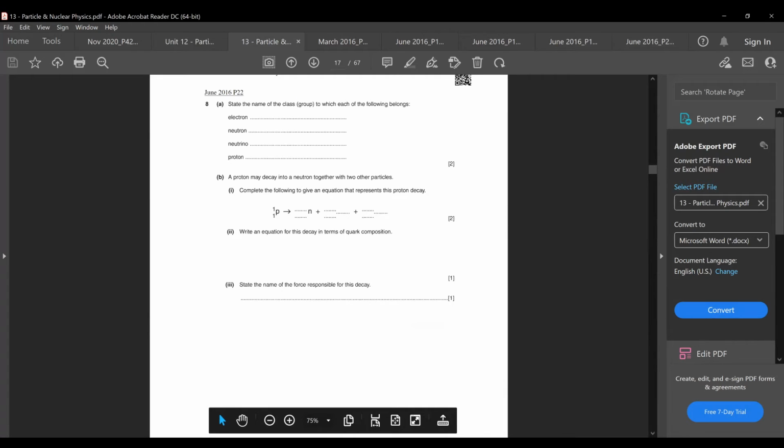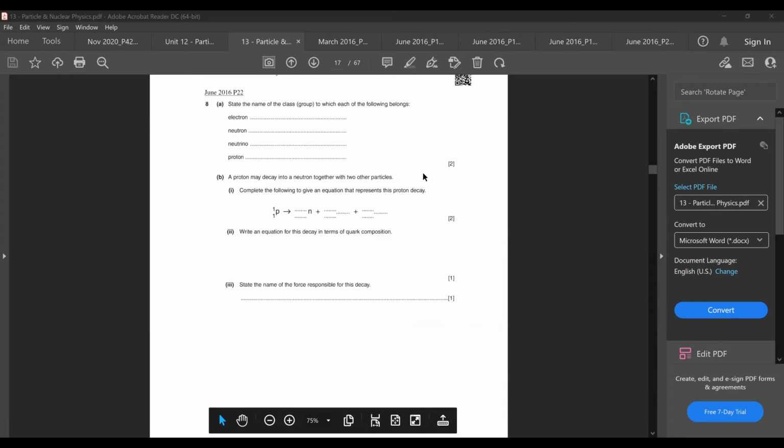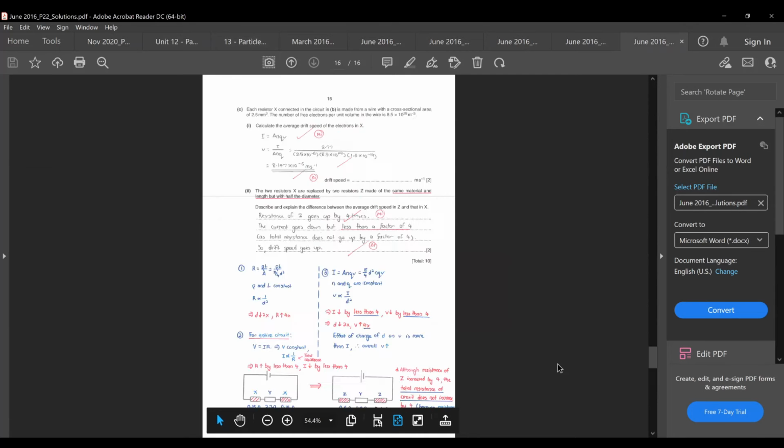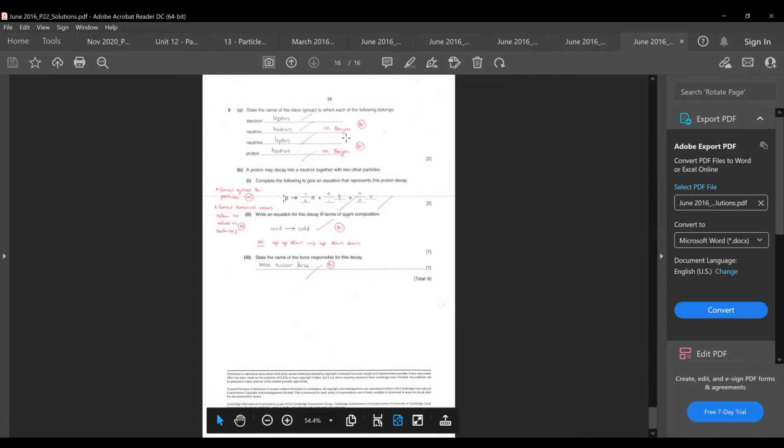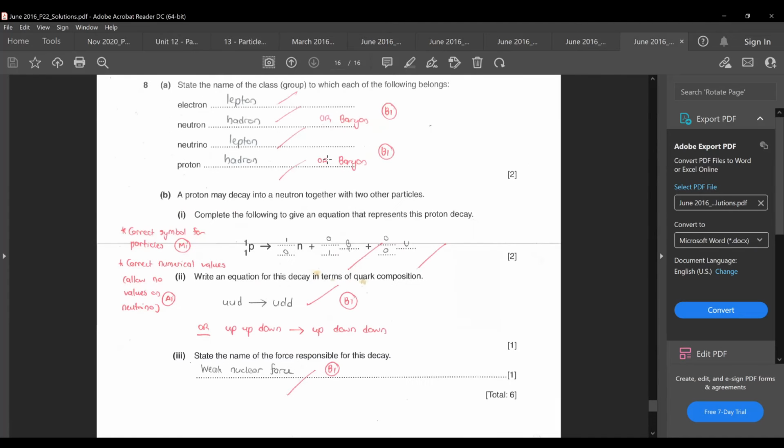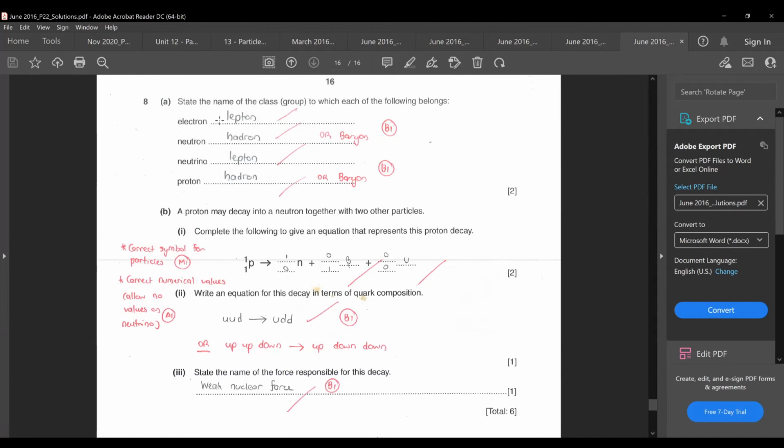Right, then they start to make it a bit complicated. Okay, June 16 P22, question 8. State the name of the class or groups to which the following belong. Electron belongs to lepton, neutron belongs to hadron, neutrino belongs to lepton, proton belongs to hadron.